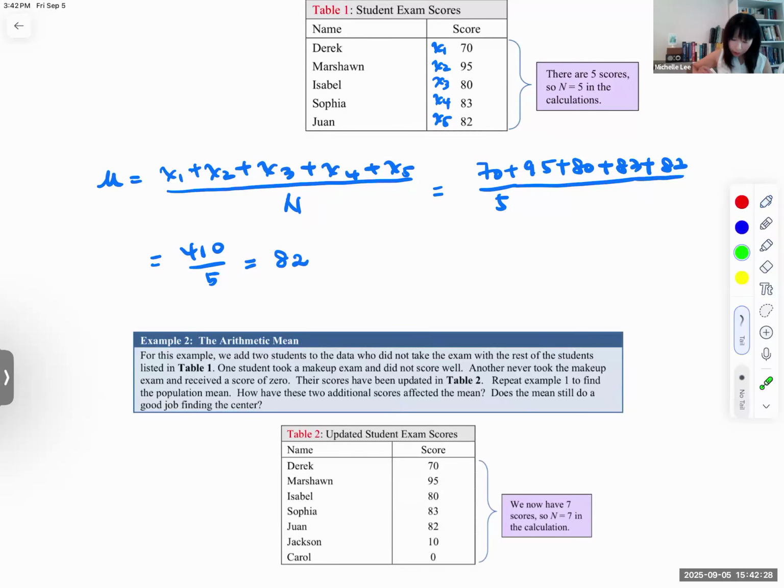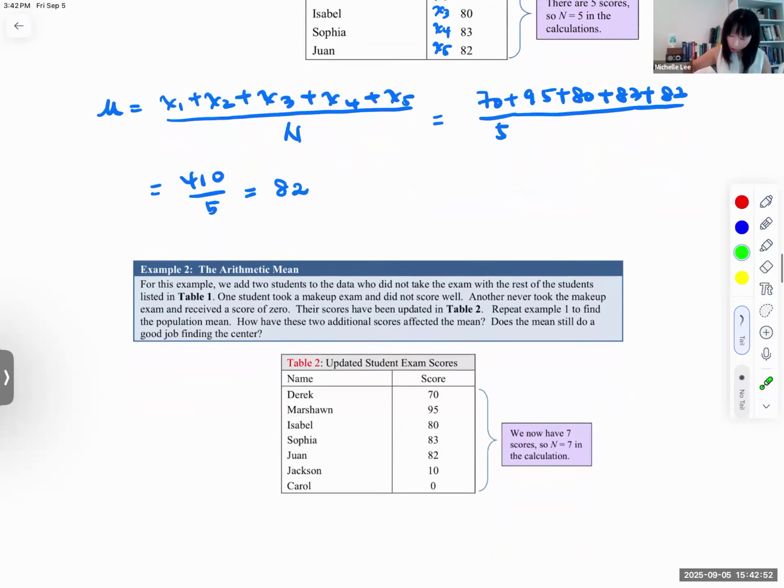So in that case, we have more, right? We have Derek, Marshawn, Isabel, Sophia, Juan, but then we have Jackson, Carol. One person's makeup was not good, and one person did not take the exam. So we have 7 people, still a population. So let's do it.